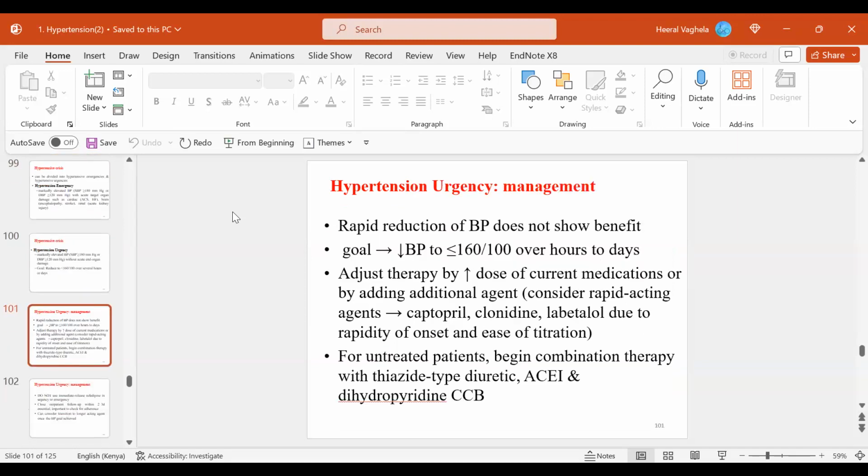For hypertensive urgency, you just increase the doses of the current medication that the patient is taking, or you add additional rapid-acting agents like captopril, clonidine, labetalol, usually given as IV therapy.